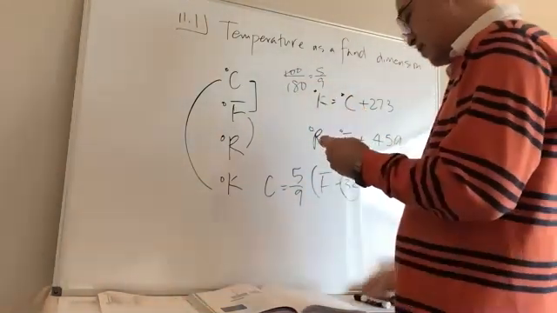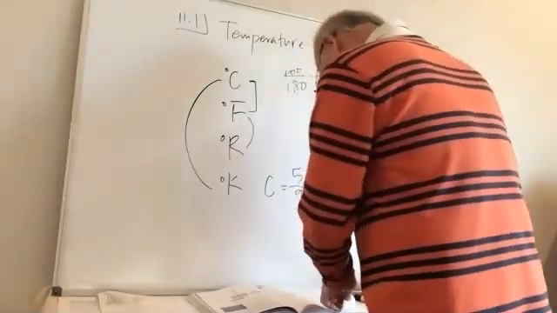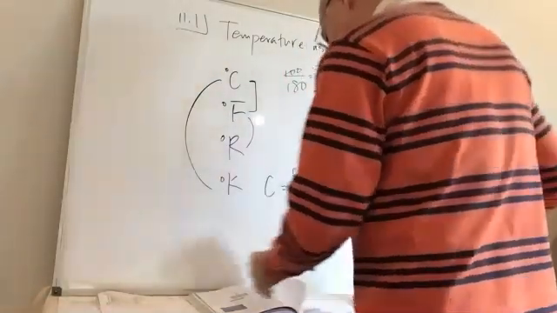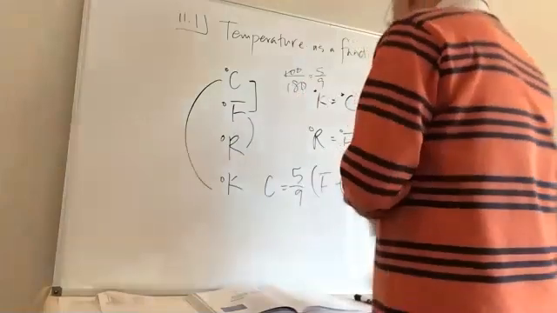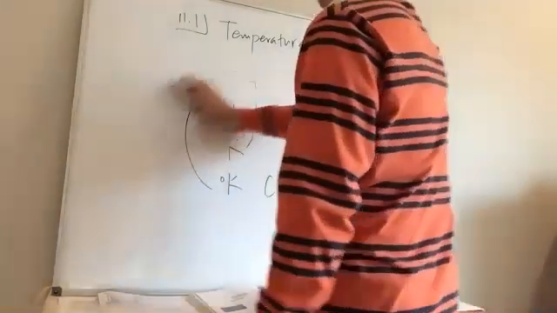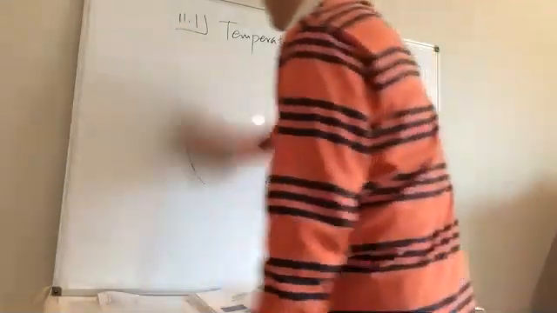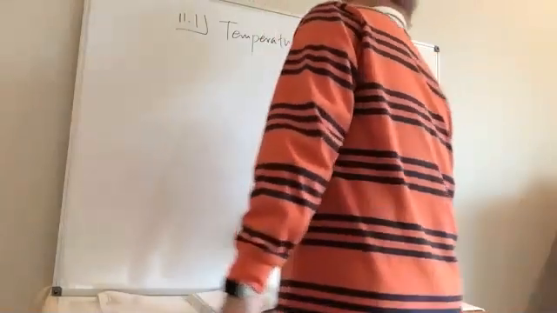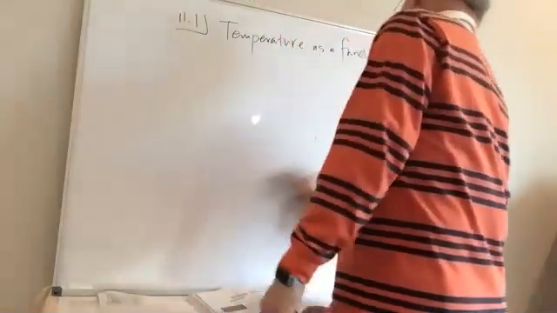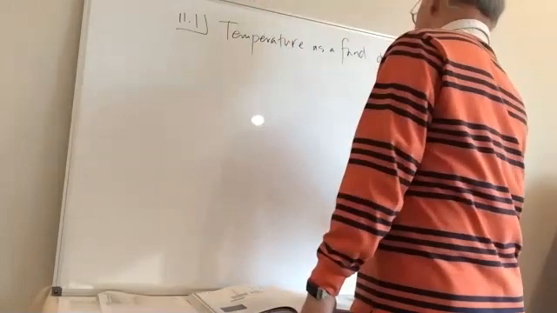Okay, so that should be all review for you. Let's take a look at the ideal gas law, the gas law that we were talking about earlier. PV is equal to mRT.